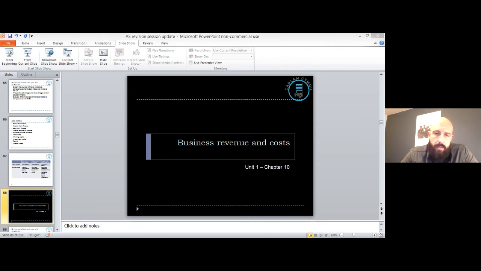The left-hand side is where you put your individual figures, things that are more broken down. So that 27,800 is your 3,900 plus your 28,600, take away your closing stock.